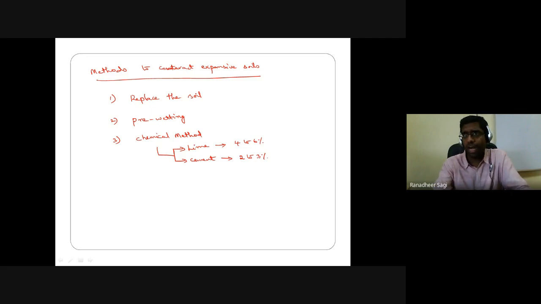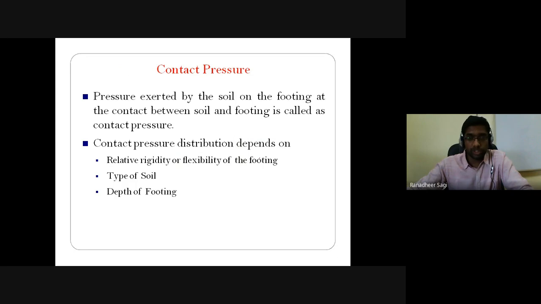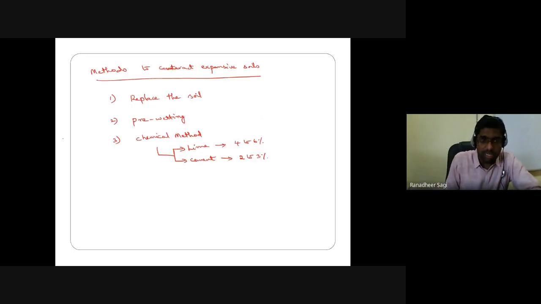If you add more and more cement, yes, stronger bonding between the particles would develop, but you don't see an effective reduction in the swelling characteristics of the soil, which results in the cost of your construction or ground improvement becoming expensive. So you have to understand optimally how much has to be used. These are some of the techniques by which you can counterbalance the effect of expansion in the structure.